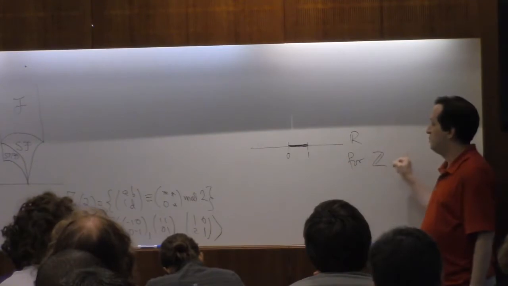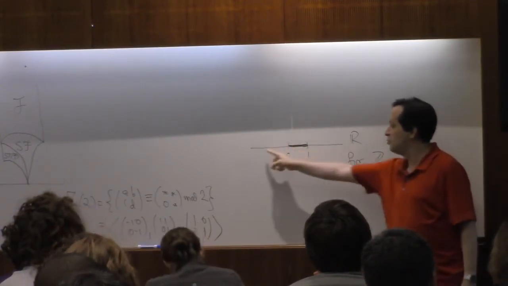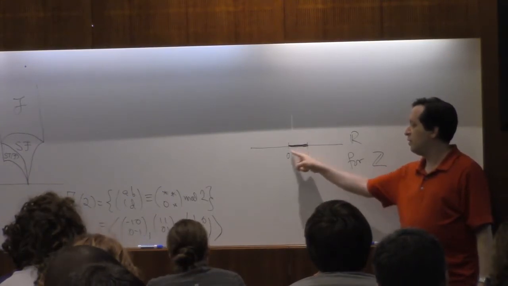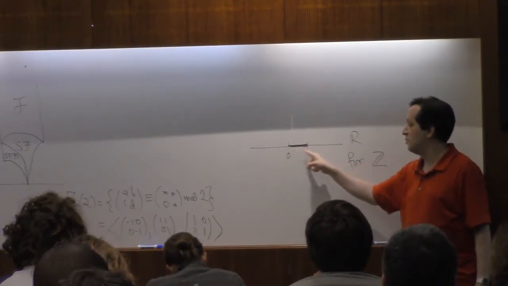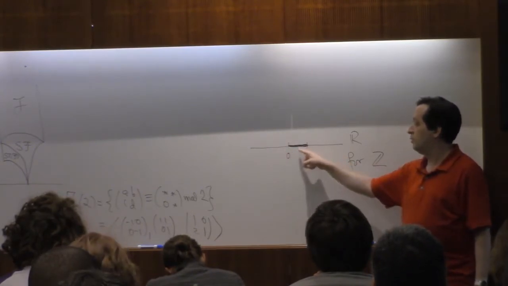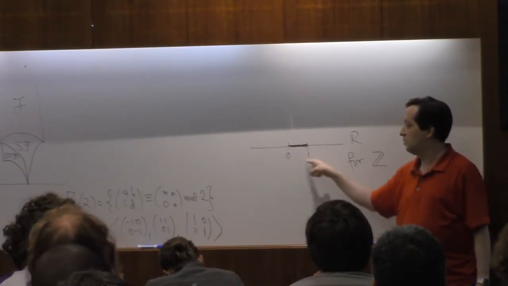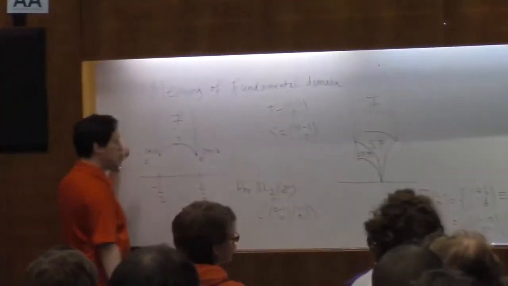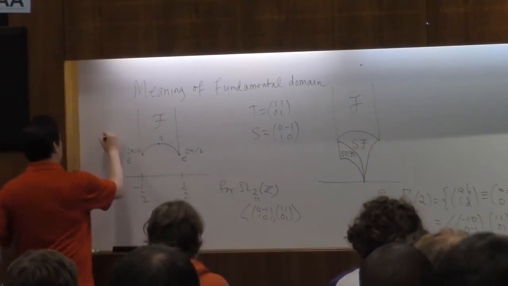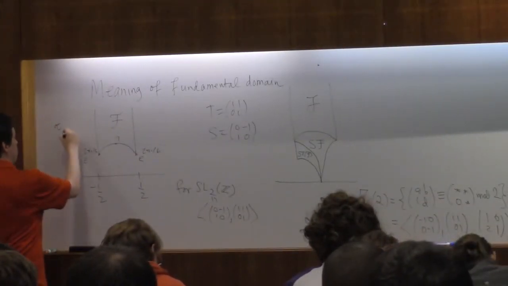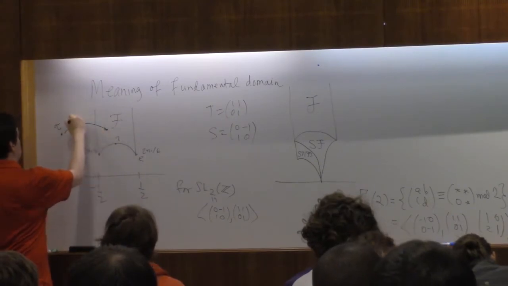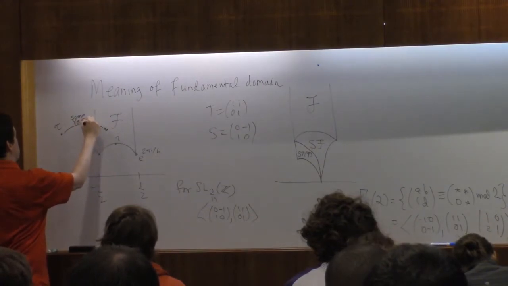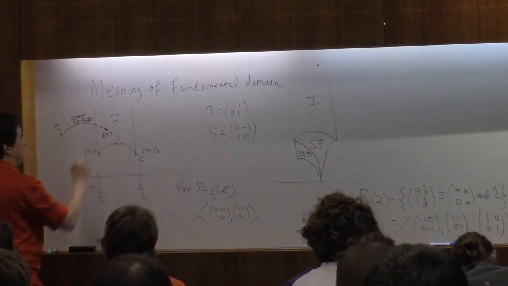For every real number, you can add a suitable integer to it to land in here. There's a little bit of a problem on the endpoints. Both 0 and 1 are in the same orbit. Otherwise, every real number has a unique orbit element in here except at the endpoints. And so the meaning when I say this is a fundamental domain for SL2Z is that every point in the upper half plane is transformed by some gamma in SL2Z into a point in there.